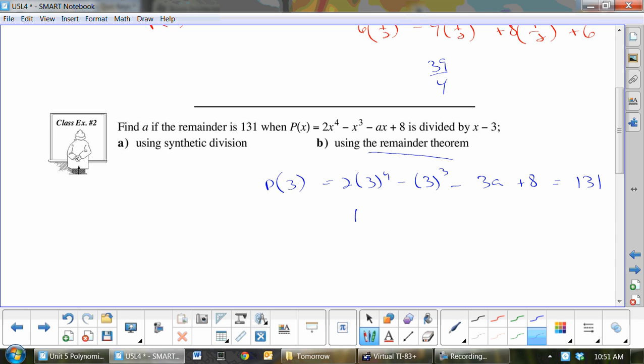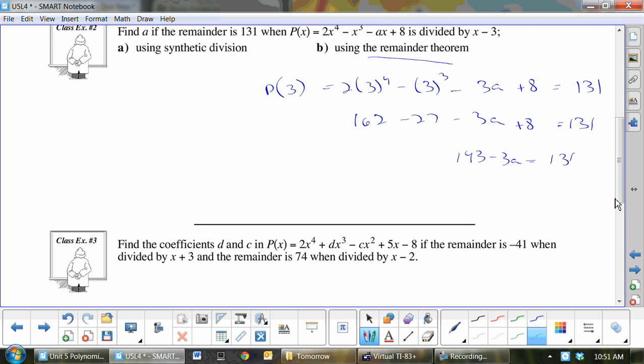So this is 162 minus 27 minus 3a plus 8. This equals 131. Now if I get everybody together on the left, I get 143 minus 3a equals 131.